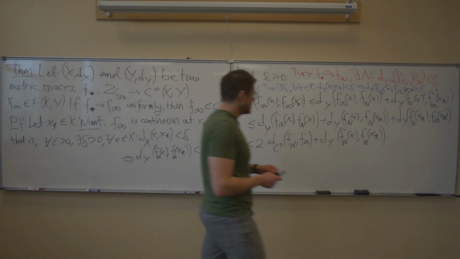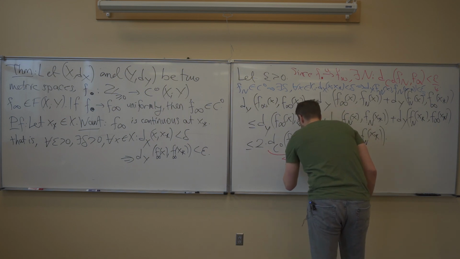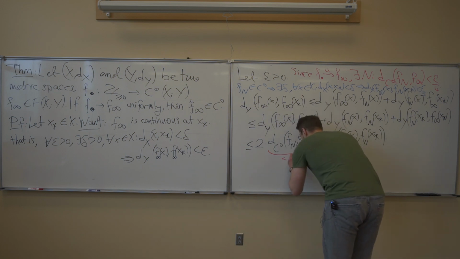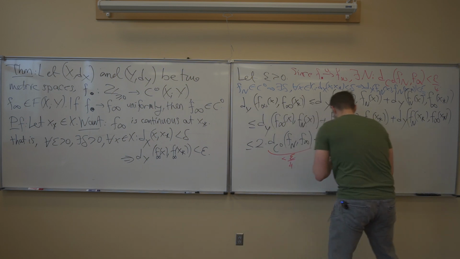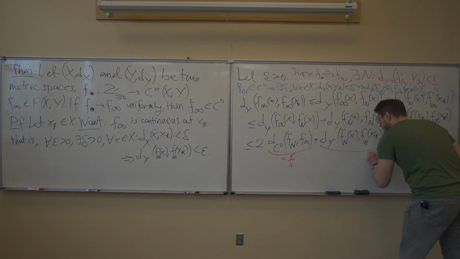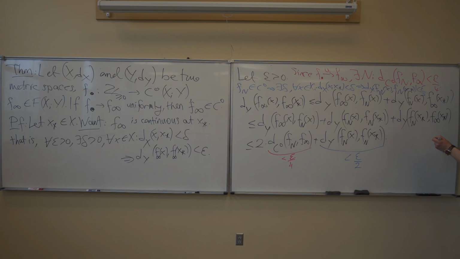So this is the red bound, and then this is the blue bound, and they add up to epsilon.